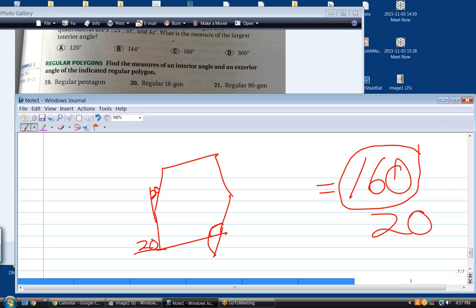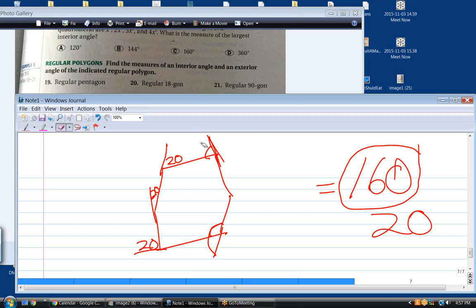As far as that exterior angle goes, sometimes it's confusing if you go both ways. Pick a direction and go one direction only. Otherwise, is that the exterior angle or is that the exterior angle? It's hard to know.